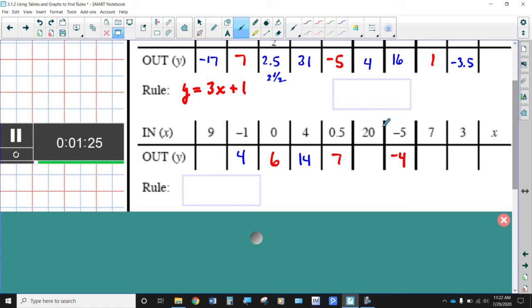This is going to give you a big hint right there. I might do that one next. I think once you see this one, you'll have it.